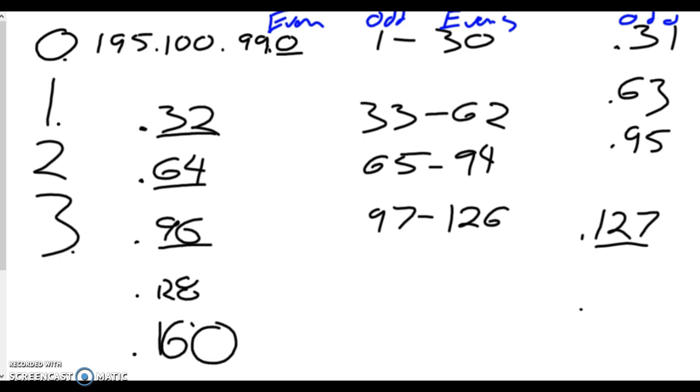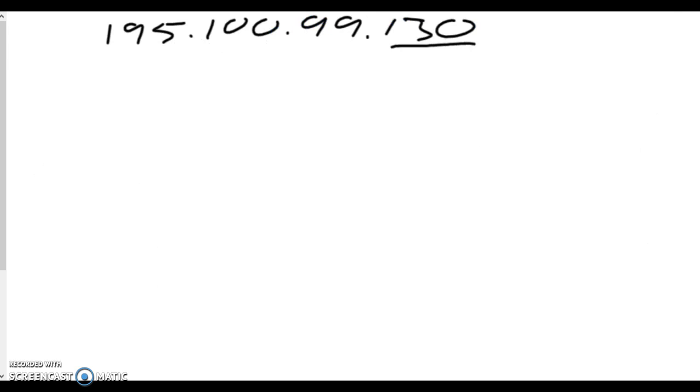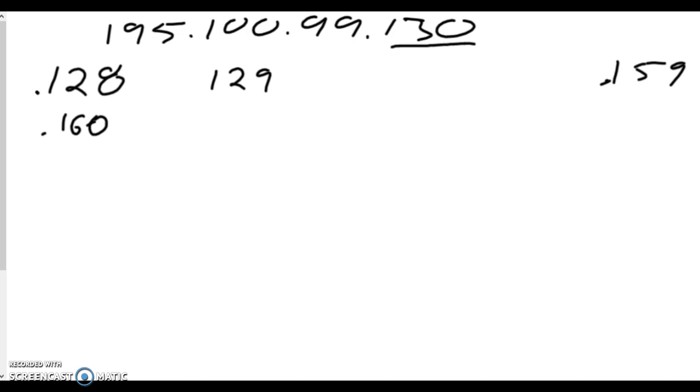And then this one would be 159. So that 130 probably fits in here. Go back over here and say, okay, my network address should be 128. The range will start at 129. So 128 plus 32 would give me 160 for the next network address. I can go back over here and say 159 is my broadcast address, and then my 130 is here, and then my 158 would be here.